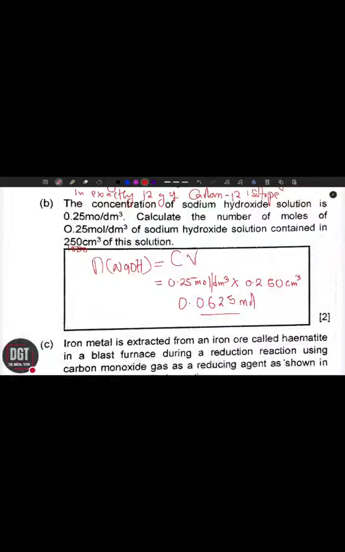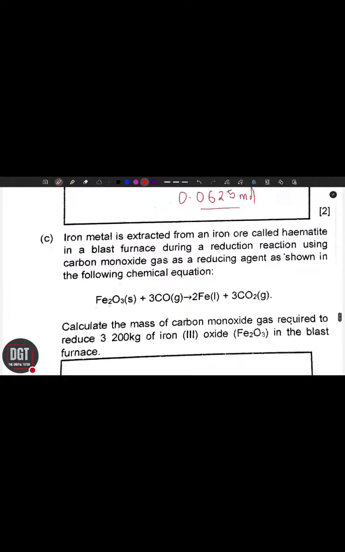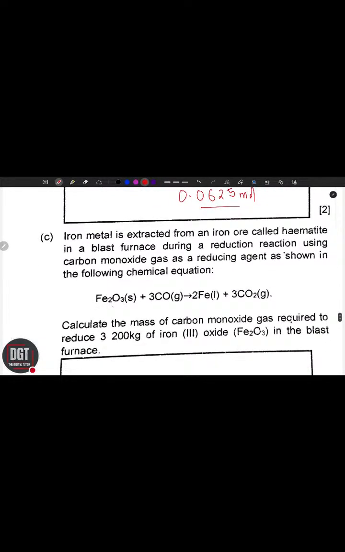What have you found? Okay, Pili, we found the same. Now, the C question: a metal is extracted from iron ore called hematite in a blast furnace during the reduction reaction using carbon monoxide as a reducing agent, as shown in the reaction. So as you can see, iron oxide, carbon monoxide, and of course that.